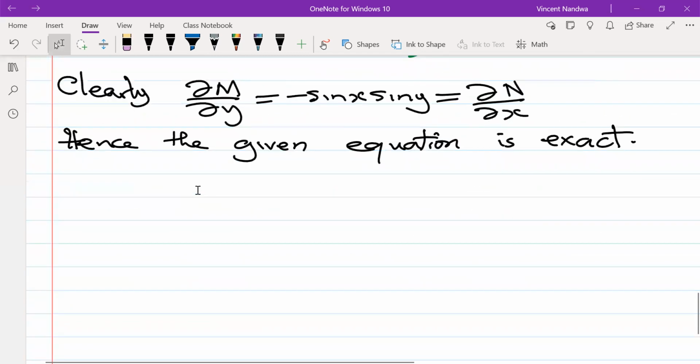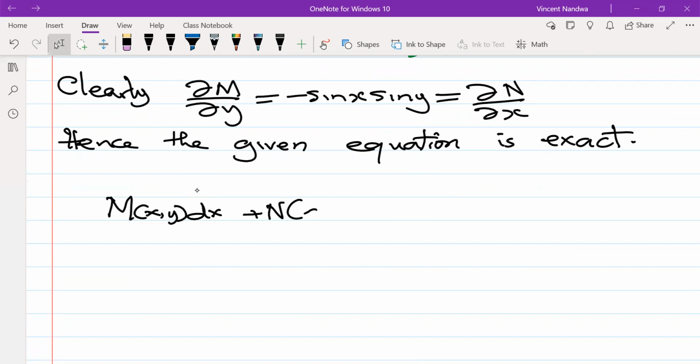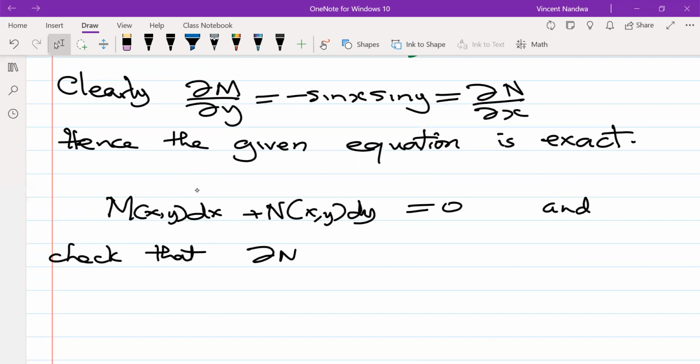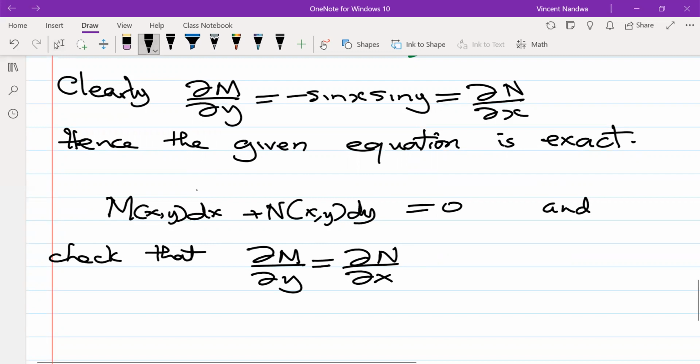So you rewrite the equation in the form M dx plus N dy equals 0, and check that if you differentiate M partially with respect to y, you get partial N partial x. So this is the main thing that we do on testing for exactness.